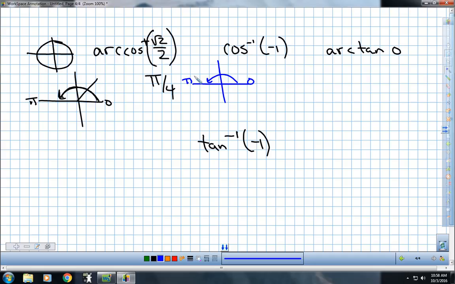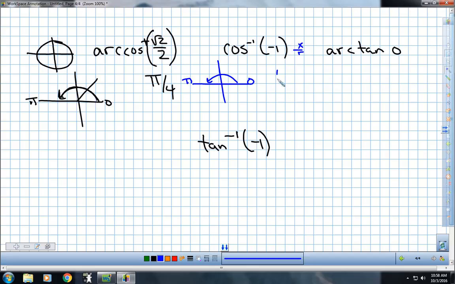Now I go to my unit circle. We know that cosine is x over r, and if it's a unit circle, then r is 1. So really, from 0 to pi, when is the x-coordinate negative 1? At pi.